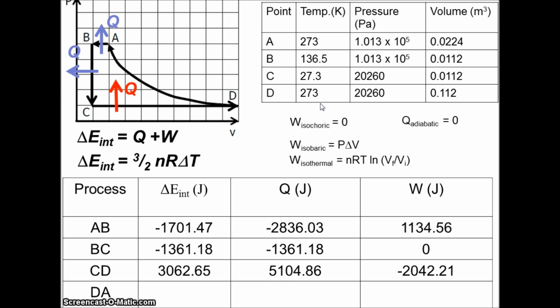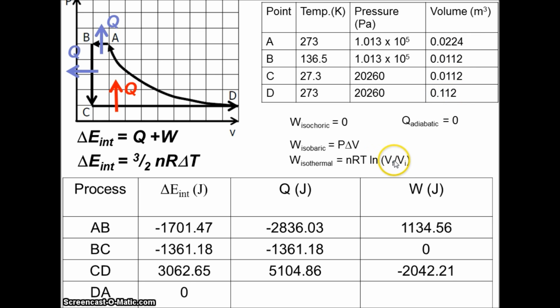Okay, then the process from D to A, I know the change in temperature is 0, so that means the change in internal energy is 0. I can figure out the amount of work done by doing nRT times natural log of VF over VI. The final volume is this very small amount here at A, 0.0224. The initial volume is 0.112.